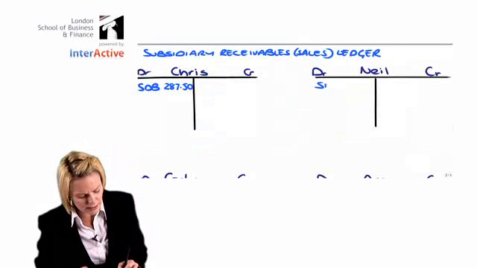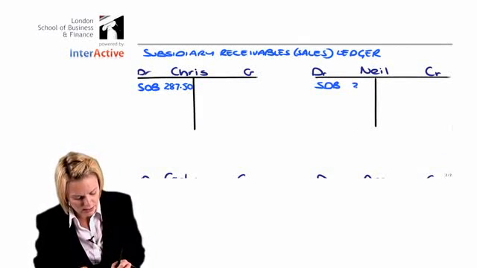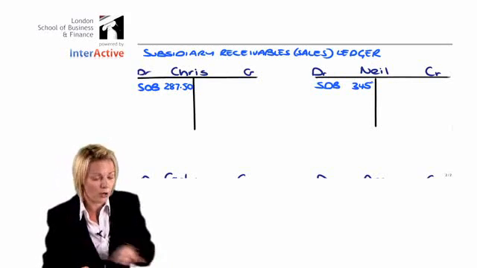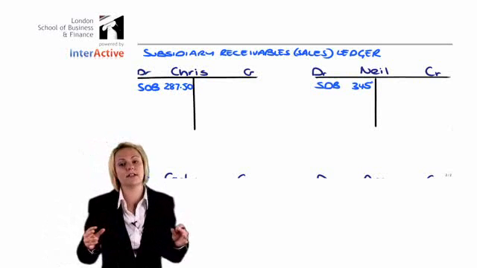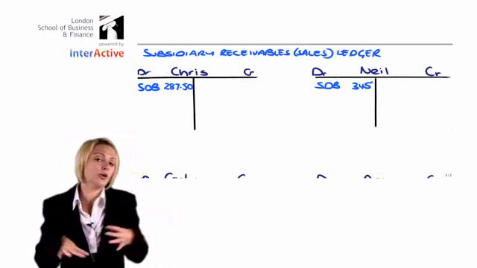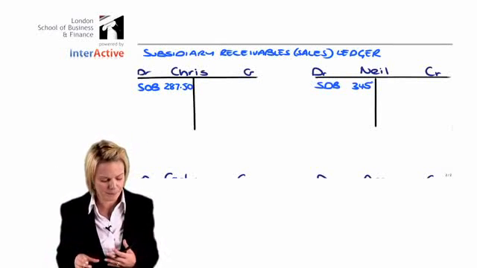So, customer Neil, sales day book, he owes me $345. Notice what I mean by the single entry. You're not doing a debit and a credit, just a debit. So the subsidiary ledger is not part of the double entry bookkeeping system, and that's why it's away from it.